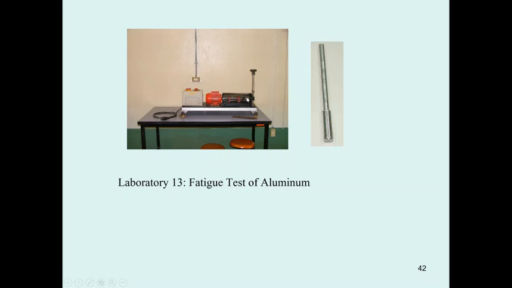However, when you rotate it, the tension and the compression are going to change. To start this machine, you have to turn this knob, and when it rotates, it has a scale here to count the number of rounds the specimen moves. And when the specimen fails, you just press this button to stop the machine. And beware of the breakage of the specimen when it fails.